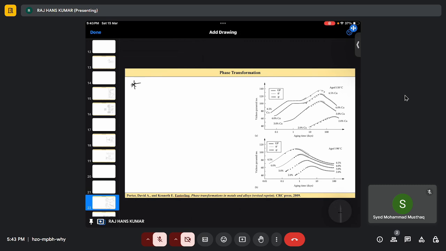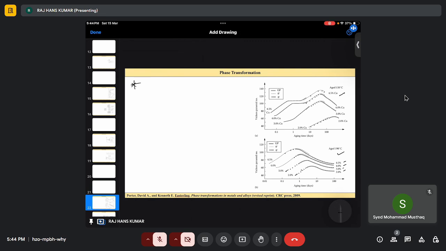In this curve we did different aging times, different precipitation hardening, for different samples of the same copper aluminum alloy but of different composition. So one is 2%, 3%, 4 and 4.5%. And also at different temperatures. This is for 130 and this is for 190.